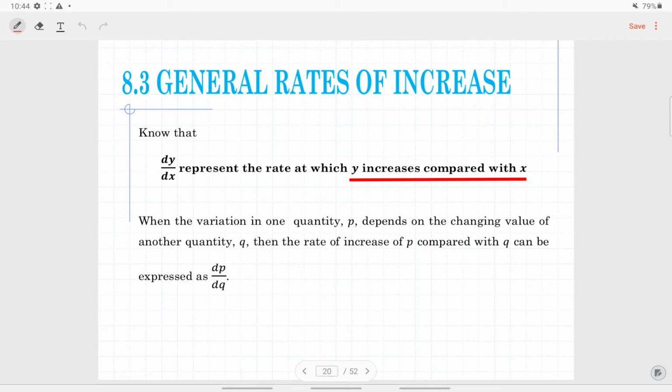So the rate of increase dy over dx represents the rate at which y increases compared to x. So when the variation in one quantity p depends on the changing value of another quantity q, then the rate of increase of p compared with q can be expressed as dp over dq.